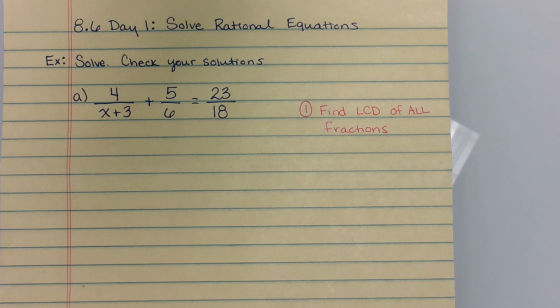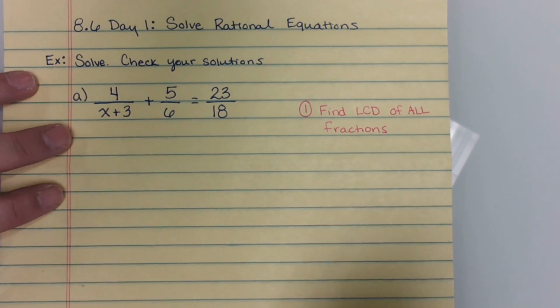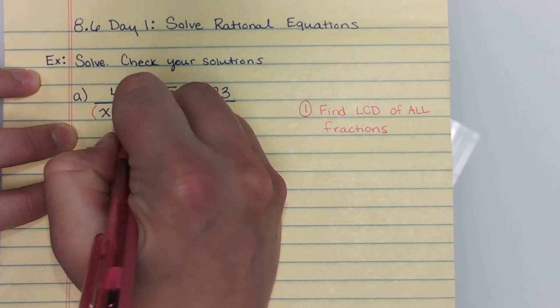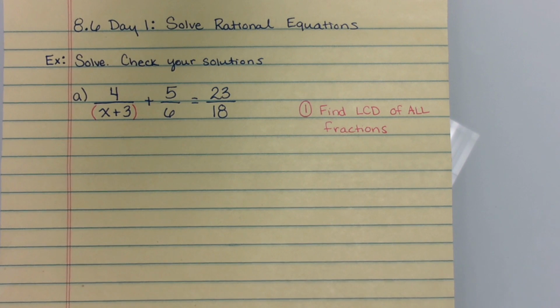Put things in parentheses, whether by just straight up putting them in parentheses or factoring if necessary. Can I factor any of my denominators here? No. So I straight up put the x plus 3 in parentheses because I need to remember that that is one whole thing.